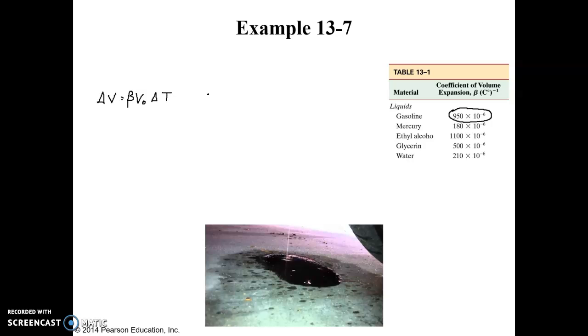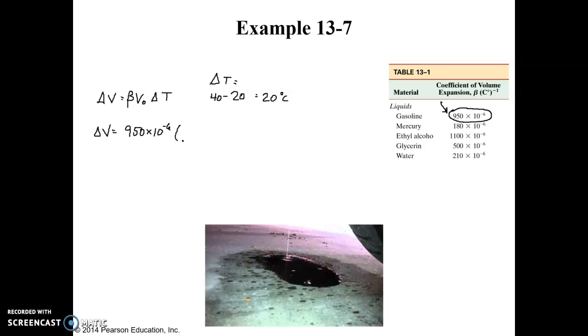Okay, the delta T in our problem, we started off at 20 degrees Celsius, and the final temperature was, let's go back and look, 40 degrees. So our delta T is going to be equal to 40 minus 20, which is 20 degrees Celsius, our change in temperature. So the change in volume is equal to 950 times 10 to the negative 6, that's the beta value from over here.